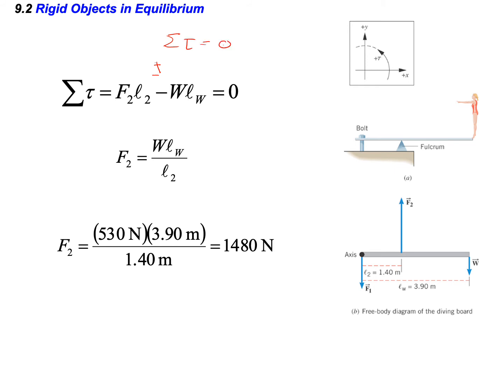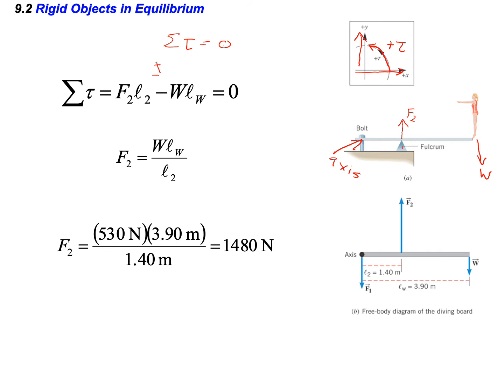So there are two forces acting on this, F2 and W. Okay, so if this is the axis, this is your plus X direction, this is your plus Y direction, this is your plus torque if the object is rotating this direction.